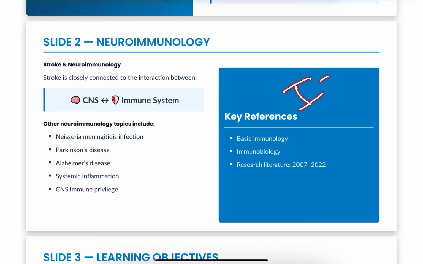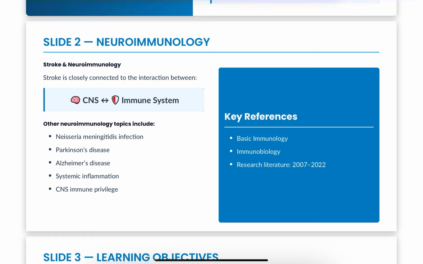We usually think of the brain as being a protected area from the immune system, or immune privileged. But whenever we think of stroke, it shows us that the brain and the immune system are actually communicating very actively.